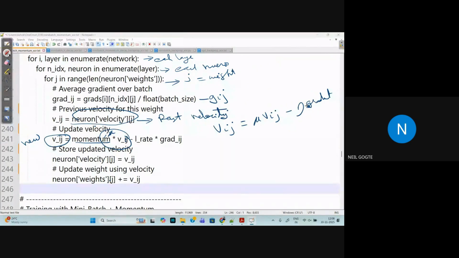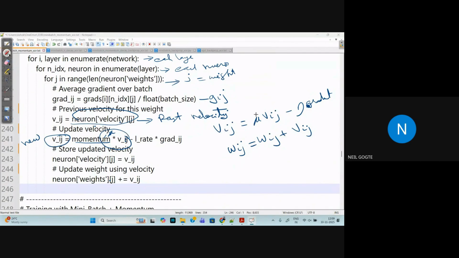And then wij, the new weight, is equal to wij plus vij. So the vij gets stored and updated, and wij again gets updated with this vij. So that is what is happening. This is the weight update. This is the only change, that is to update, apply gradients.